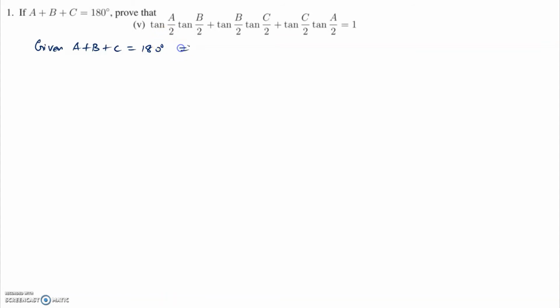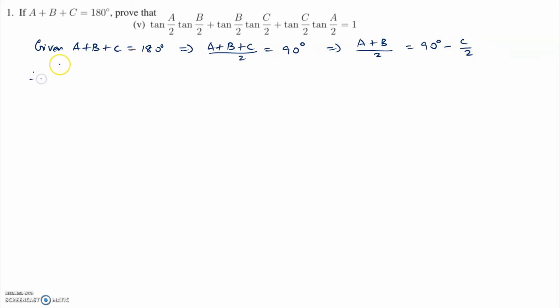So this would imply that (A plus B plus C) divided by 2 is equal to 90 degrees. And this would imply that (A plus B) divided by 2 is equal to 90 degrees minus C/2.